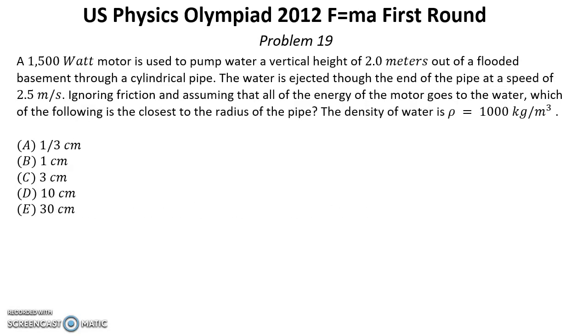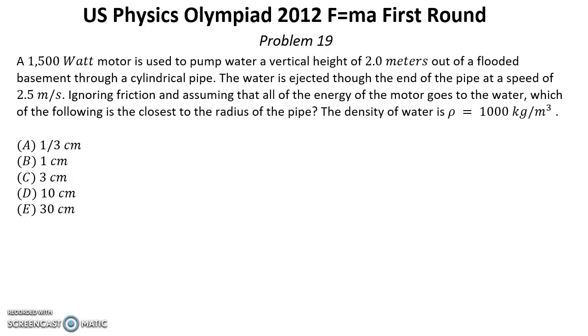Problem number 19. A 1500 watt motor is used to pump water a vertical height of 2 meters out of a flooded basement through a cylindrical pipe. The water is ejected through the end of the pipe at the speed of 2.5 meters per second.